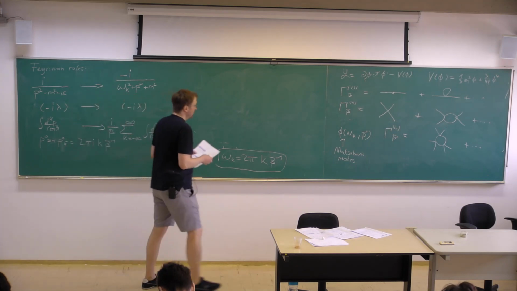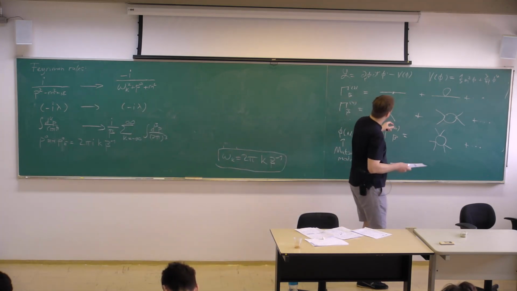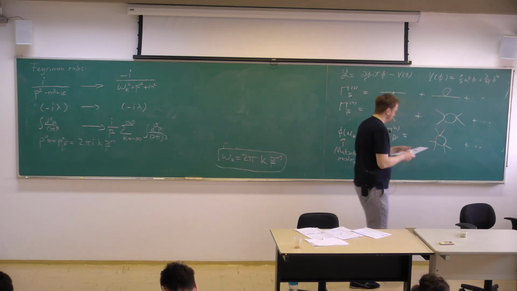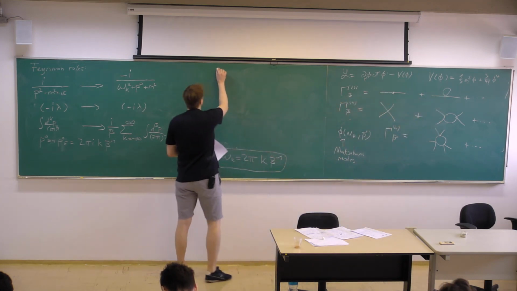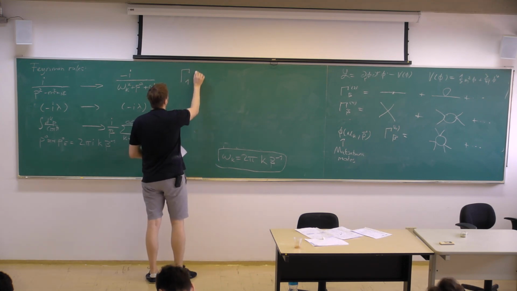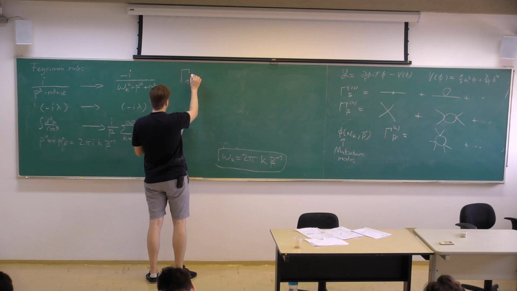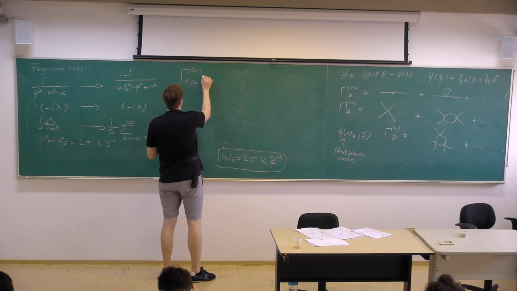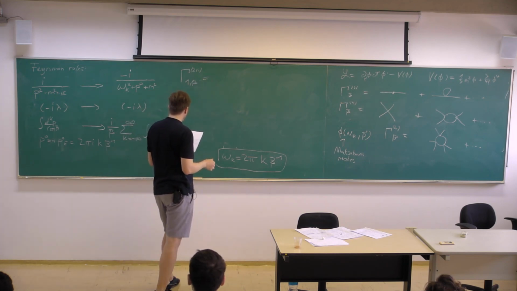Now let me call these the one loop contributions, and denote them with a subscript 1. These are always the momenta zero, the outer momenta.